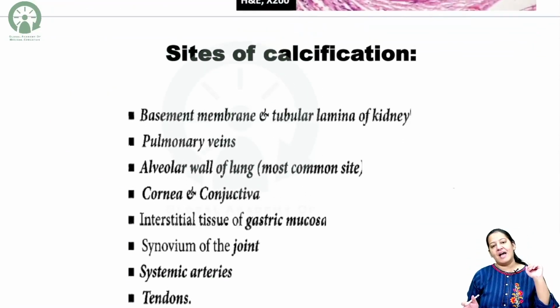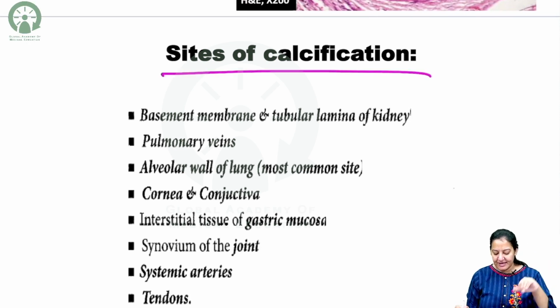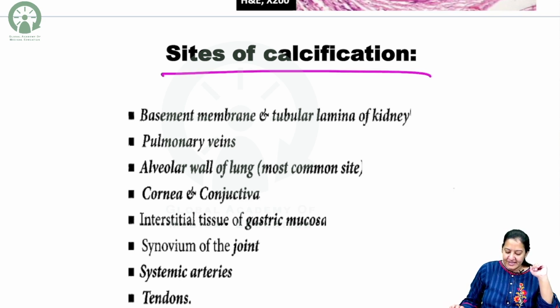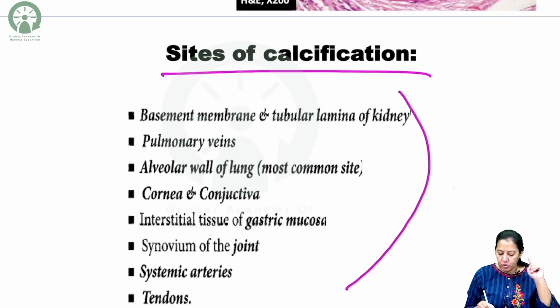So that is the site of calcification in dystrophic calcification. Can you tell me the site of calcification in metastatic calcification? Here the site of calcification is all those tissues which secrete acid, that is, having an acidic environment. Those having an alkaline environment, right?